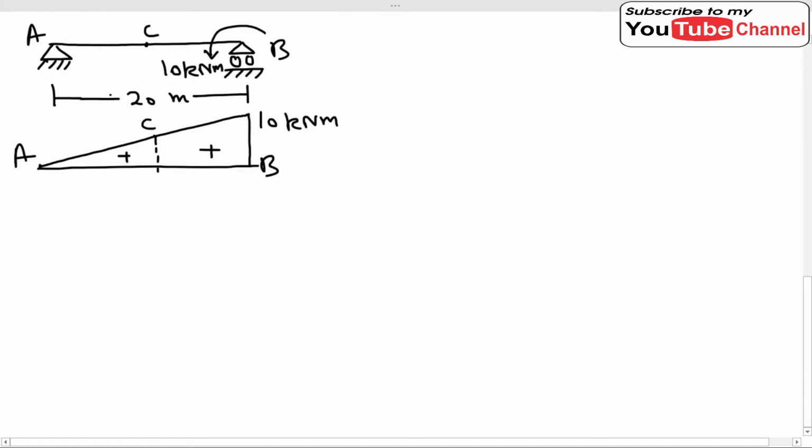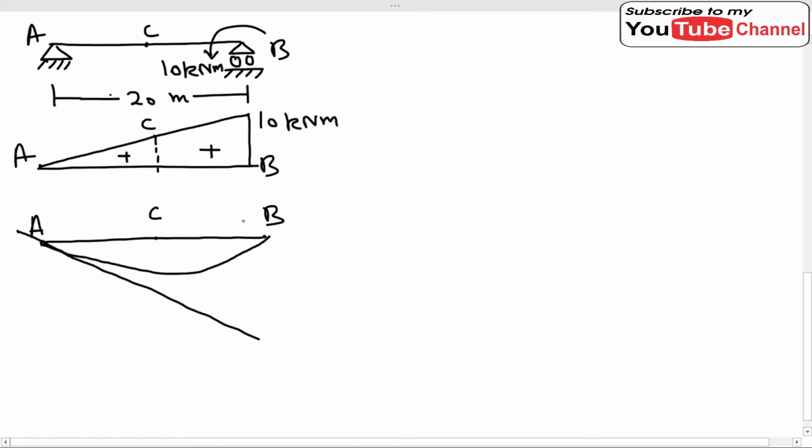Okay, now we have drawn the bending moment diagram of this particular beam. Now we will draw the deflected shape of this beam from our basic knowledge. So if this is the beam, the deflected shape of this beam will be something like this. If this is our point A, this is our point B and this is our middle point C, now if we draw the tangent at A, it will look something like this.